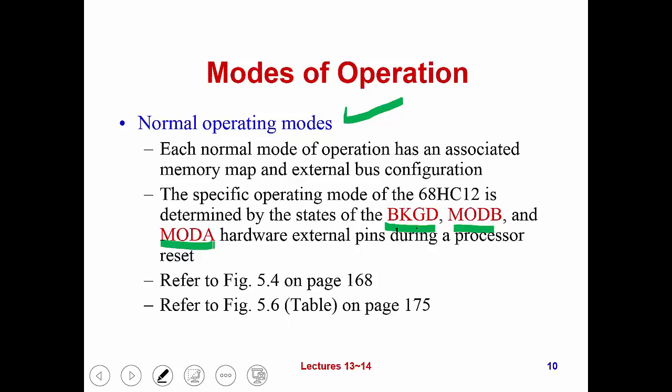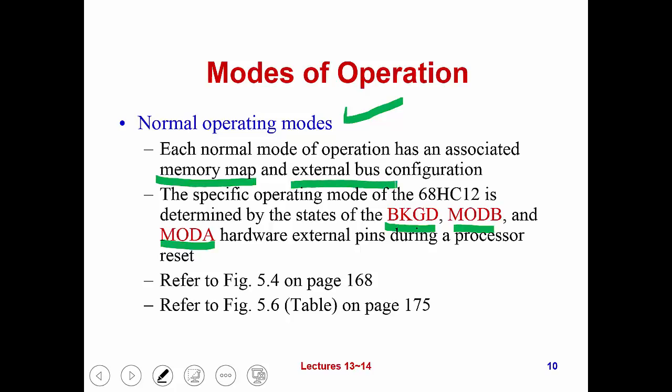So when you configure your microcontroller to run in a particular operating mode, even in the normal mode, its memory structure will be changed, or your memory will be mapped in different ways, including external buses.